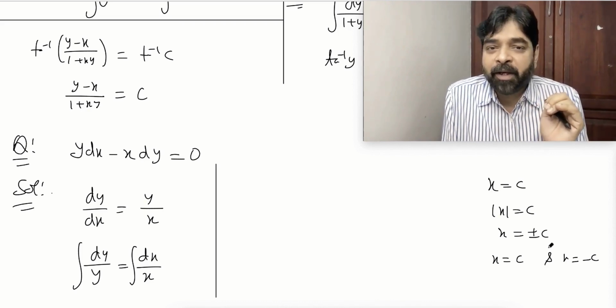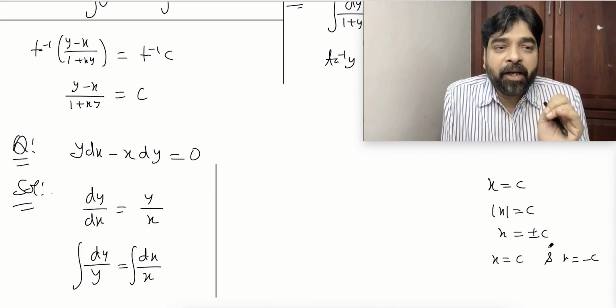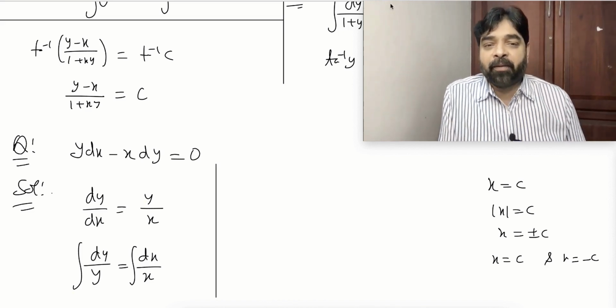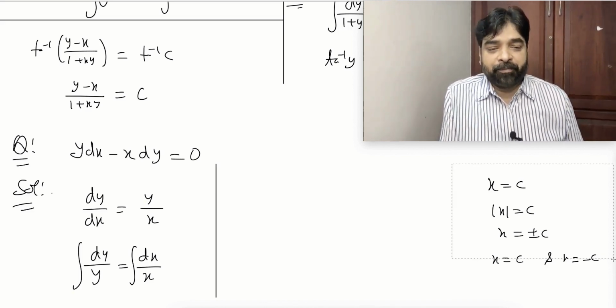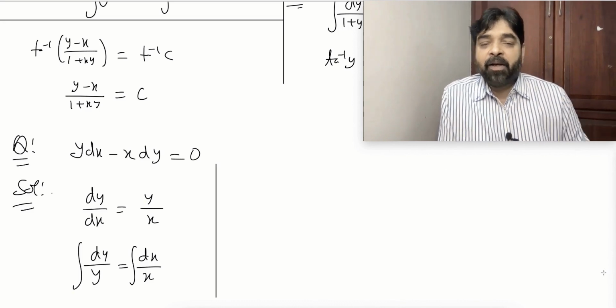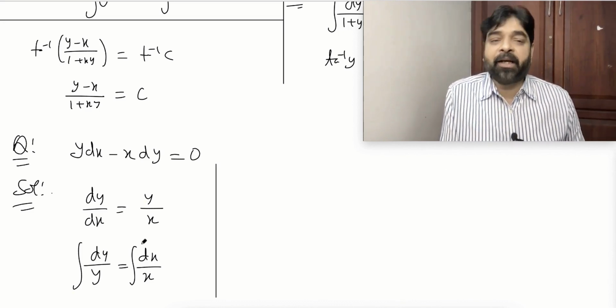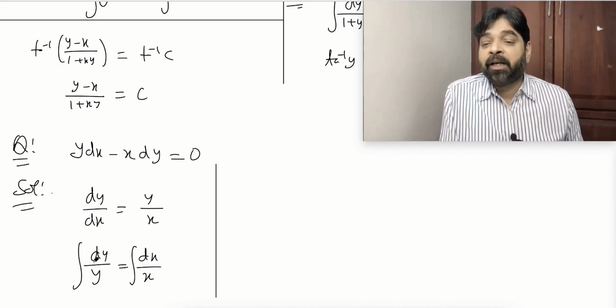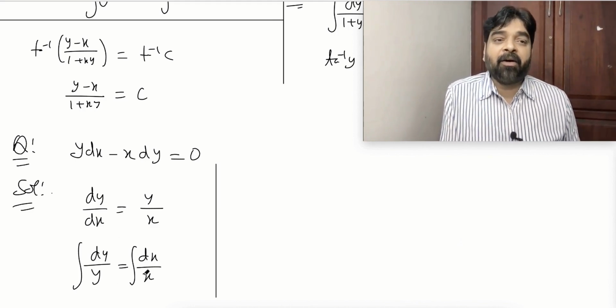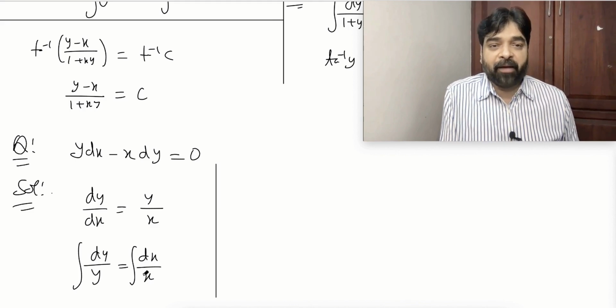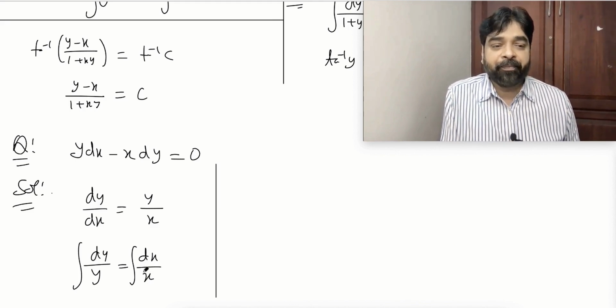Did you understand the point? So throughout we will not keep the mod. Always remember, whenever we are solving a differential equation, don't use the mod anywhere in the integration.